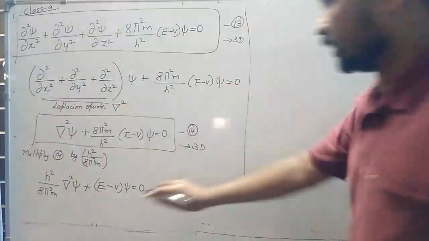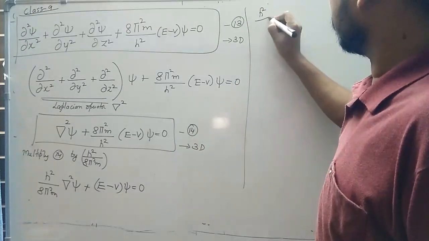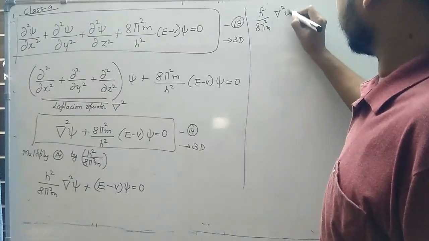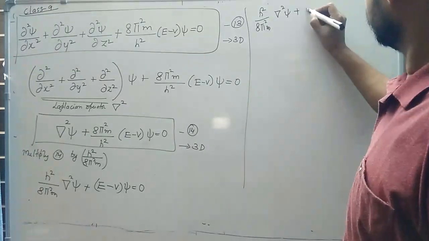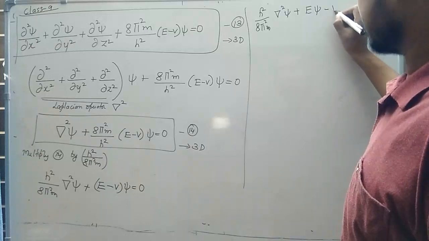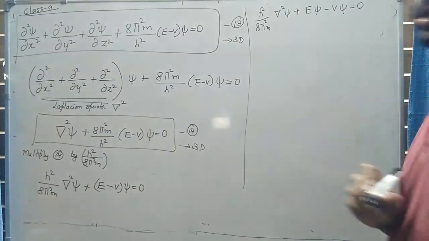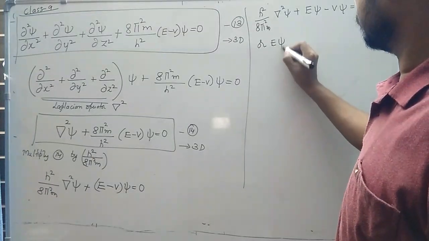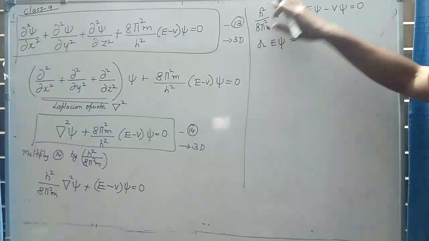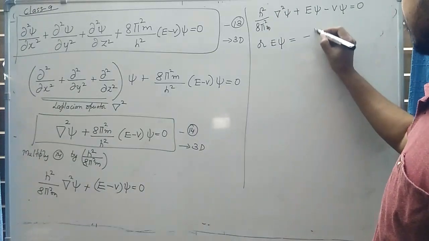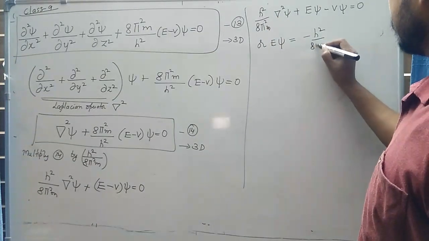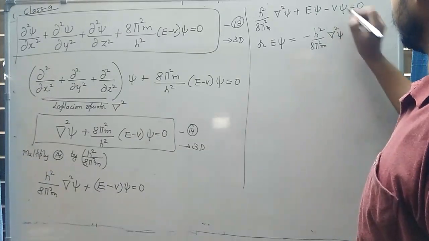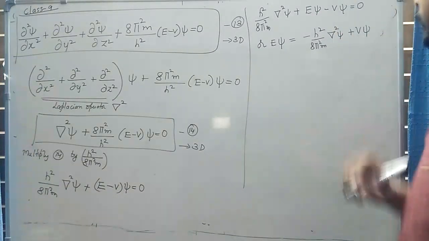Which can be written as h square divided by 8 pi square m into del square psi plus E into psi minus V into psi is equal to 0, or E into psi is equal to, let us take the other two terms to the RHS, minus h square divided by 8 pi square m into del square psi plus V into psi.